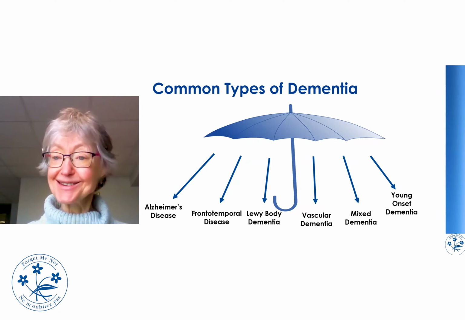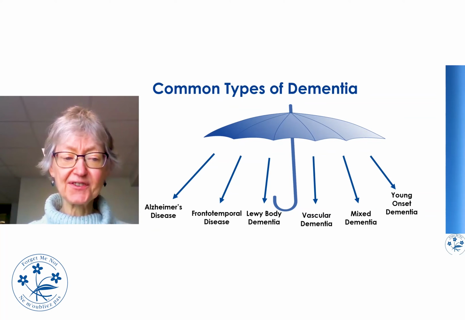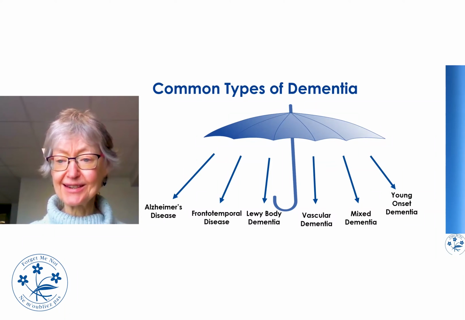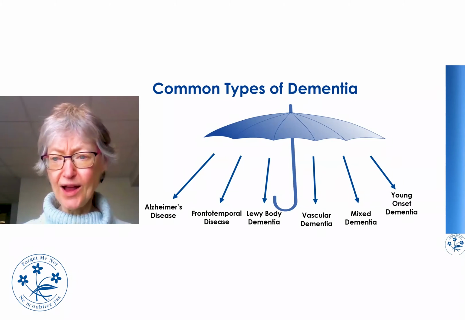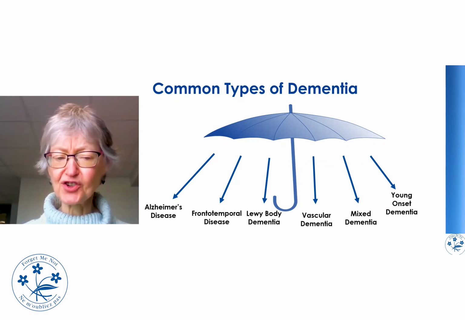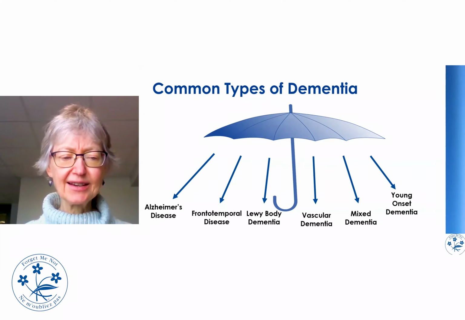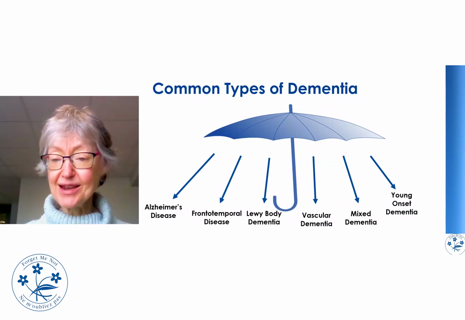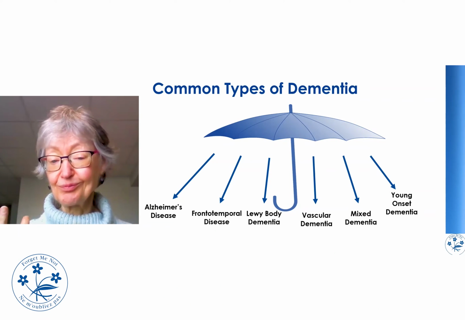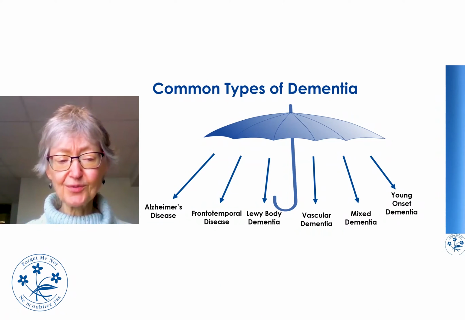The common types that we see here at the Society are Alzheimer's disease. It's probably the most well-known type of dementia that there is. It tends to start with memory loss, and tends to strike more women than men. It's just one type though, just one type.